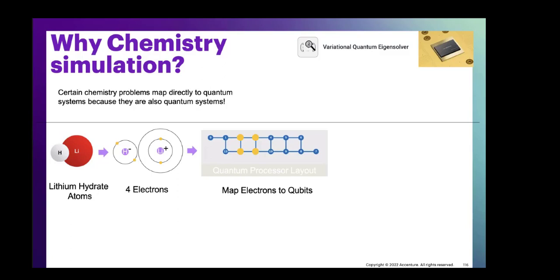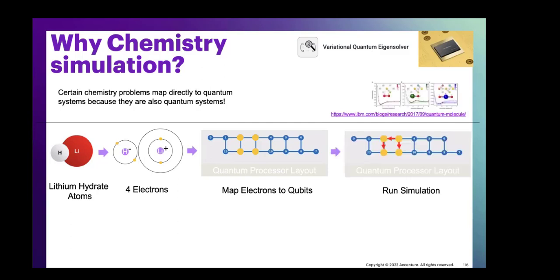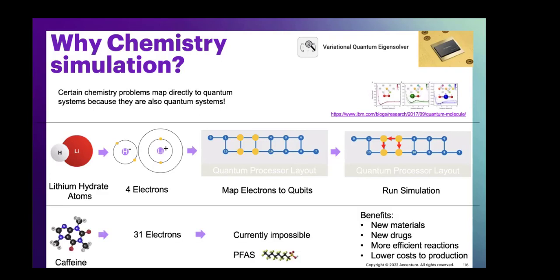So you can see directly, this is what exists in the real world, and this is what we're going to do on our quantum processor. And we're going to run those simulations to see how those electrons act in the real world and what their connections and associations are by changing the energy levels and values within the quantum system. So this is one way to think about how you use a quantum computer.